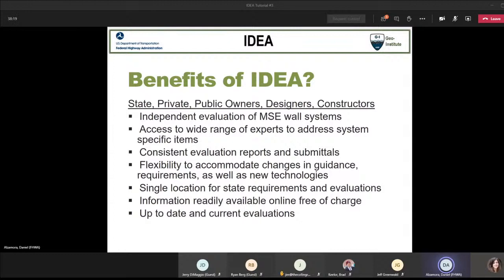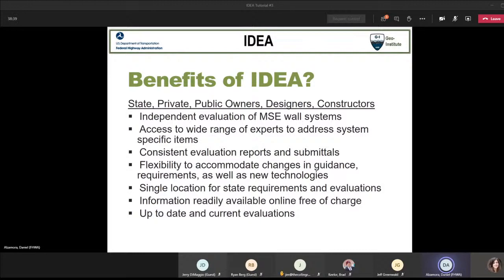We have that ability to access more people with a much wider range of expertise to look at what comes in through these submittals.